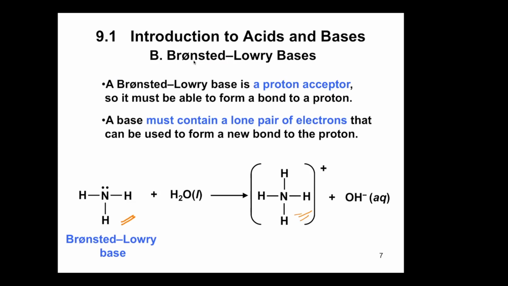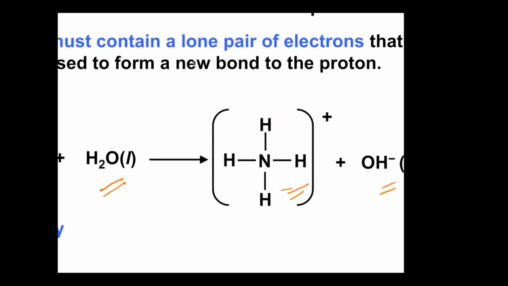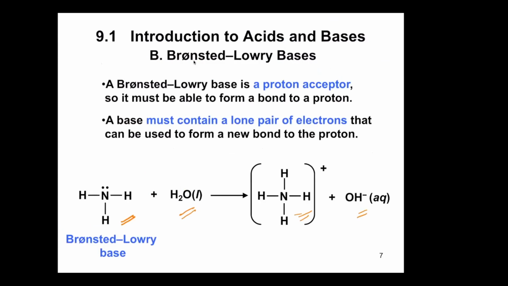And here, the H2O became OH. So it lost a hydrogen. That is why it is considered the Bronsted-Lowry acid in this reaction. So let me just label it as acid so we won't be confused. Okay, so this electron pair forms a new bond to a hydrogen from H2O. That's why it is considered the Bronsted-Lowry base.